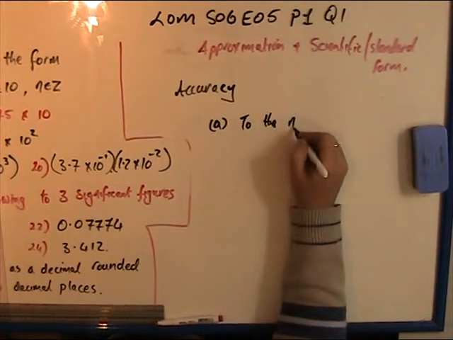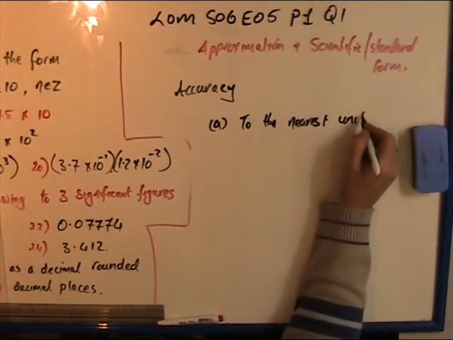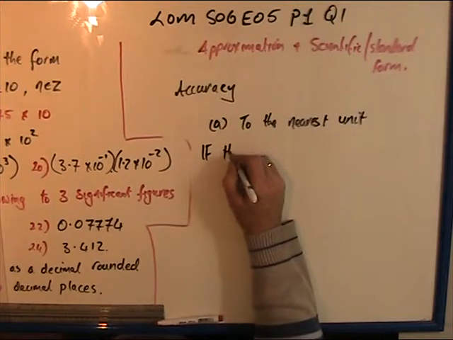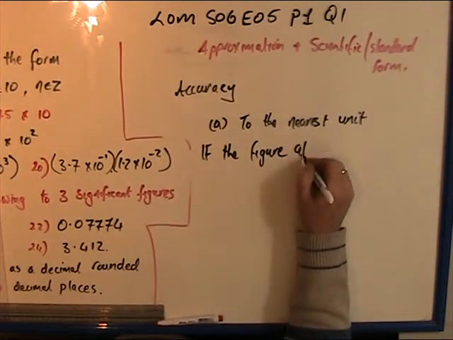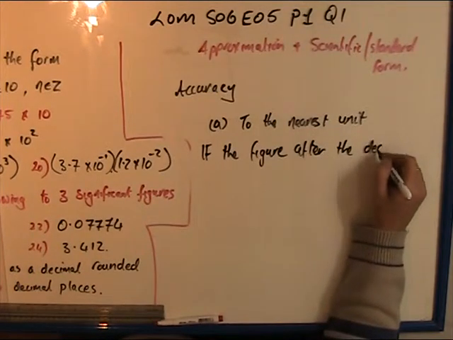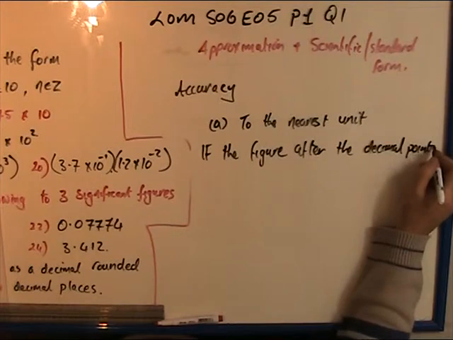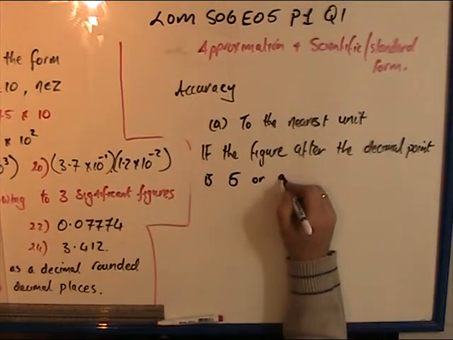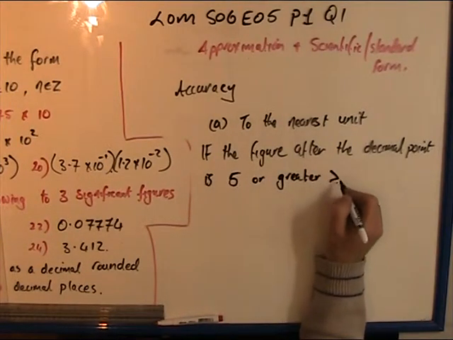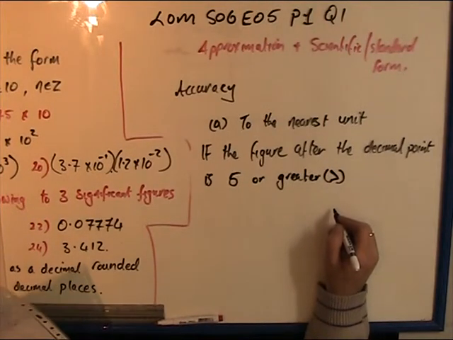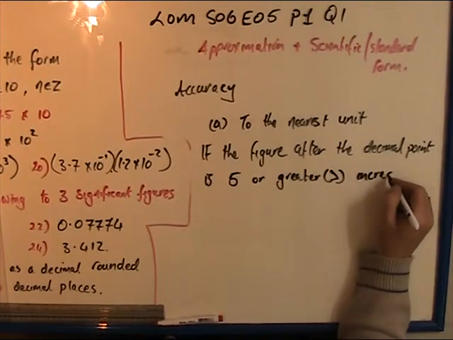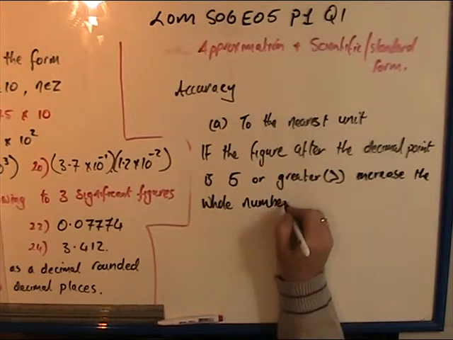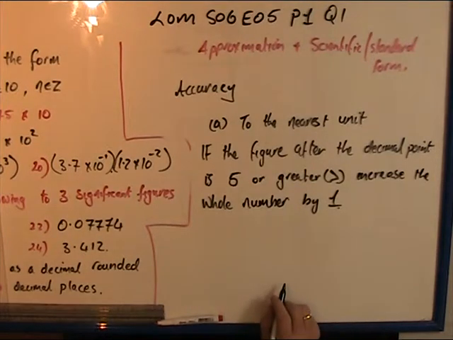Now, if the figure after the decimal point is 5 or greater, increase the whole number by 1. I'm going to write this down so you know. Increase the whole number by 1.